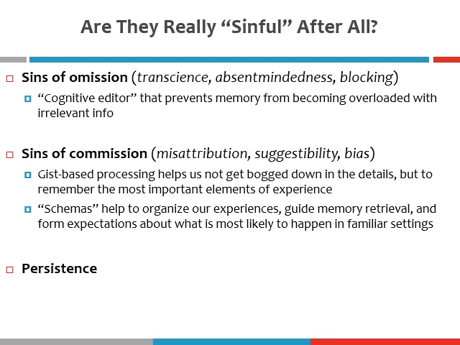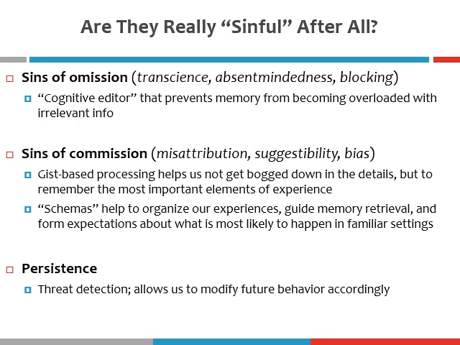Our minds are created in such a way or organized in such a way that we can best absorb the information that is relevant to our survival, right? So being able to remember, for example, a traumatic experience, even years and years after the event, might allow us to detect a future threat or to modify our behavior in such a way that that trauma is less likely to be experienced again, right?